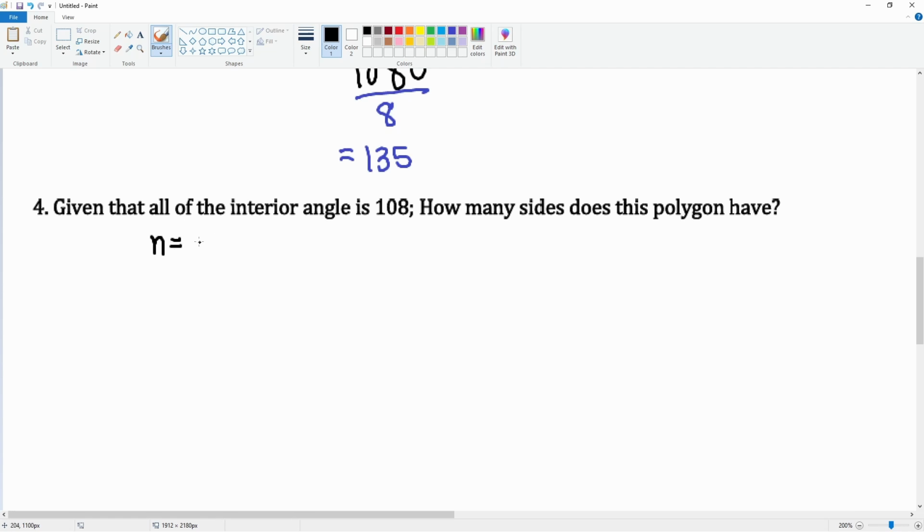If n is equal to 3, we know that the total is 180, and if we divide that, each interior angle would be 60. If n equals 4, that would be 180 times 2, which is 360, and then we divide that by 4.